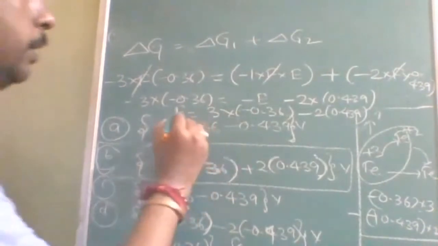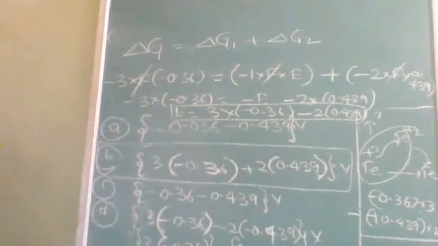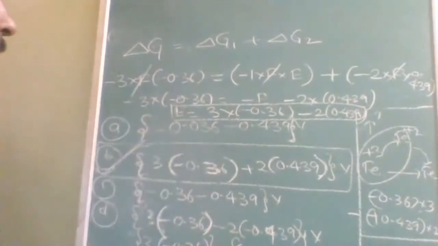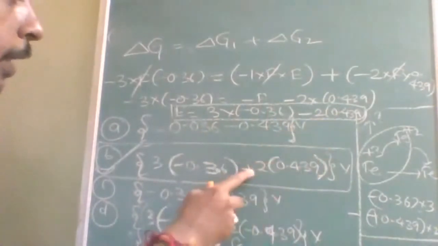So this is the final answer. Now you check with the correct answer. Which is the correct one? I think D option is correct. D option has the minus here. So A option, B option are only correct. 3 into minus 0.36, this has to be minus.